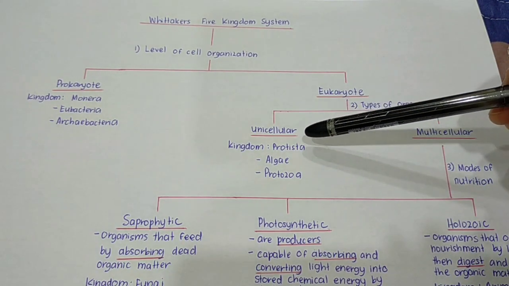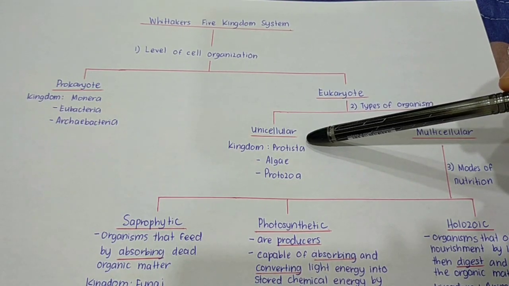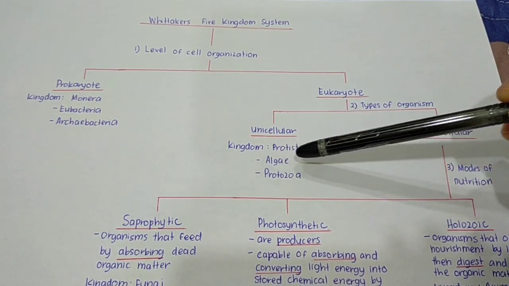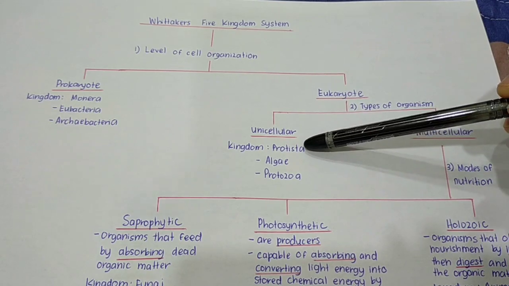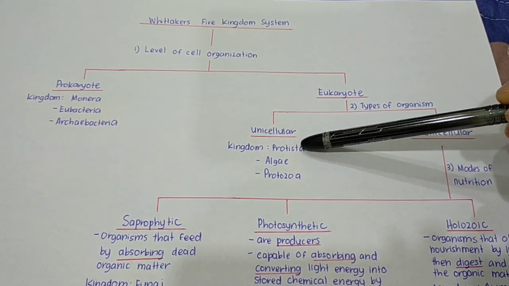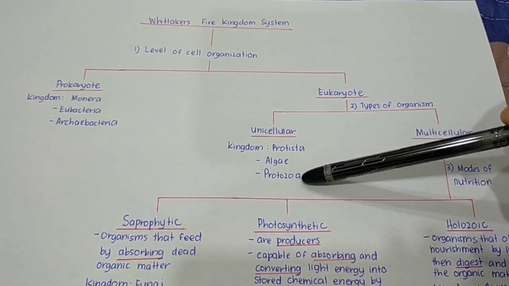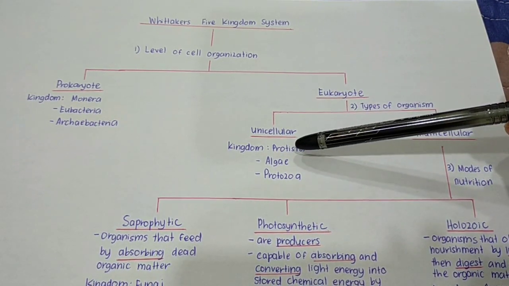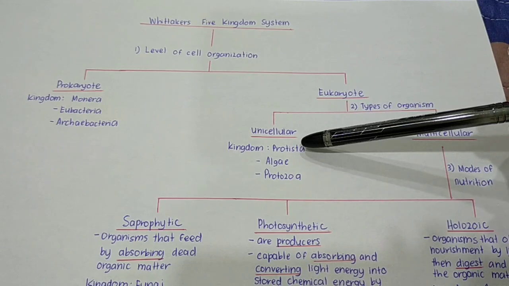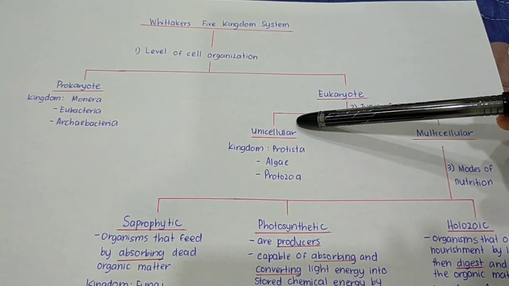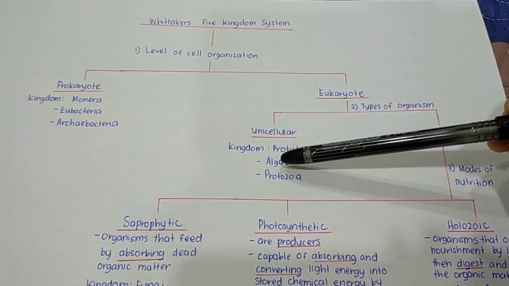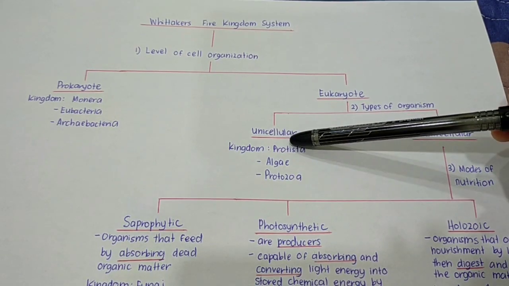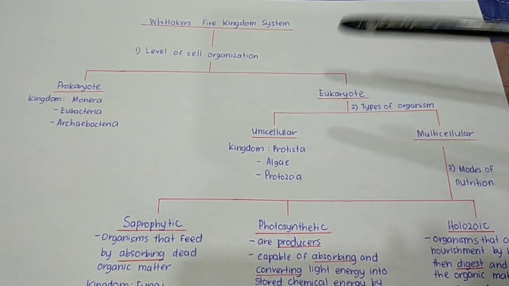Okay, so for unicellular organism, the kingdom is kingdom Protista, okay, which is the second kingdom. Okay, for example, algae and also protozoa. Okay, so actually mostly organisms under kingdom Protista are unicellular. So that's why for kingdom Protista we consider it as unicellular organism.